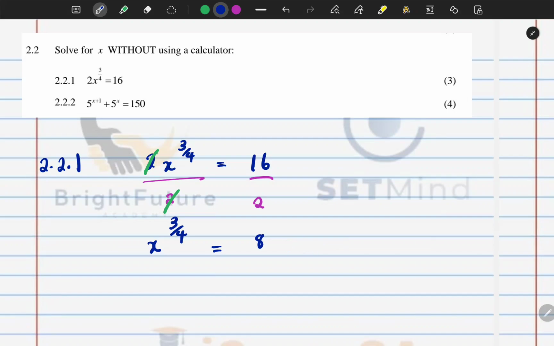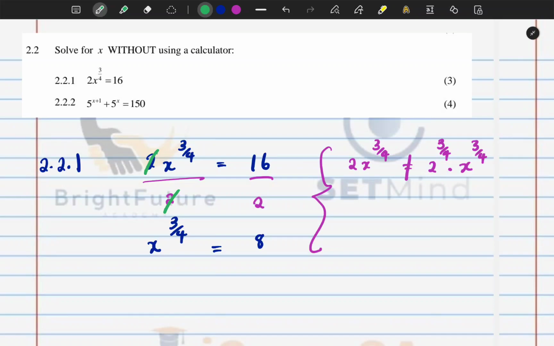It's very important to note, as a side, that 2x raised to the power of 3/4 is not the same thing as 2 raised to the power of 3/4 times x raised to the power of 3/4. Why? Because this is not in brackets.